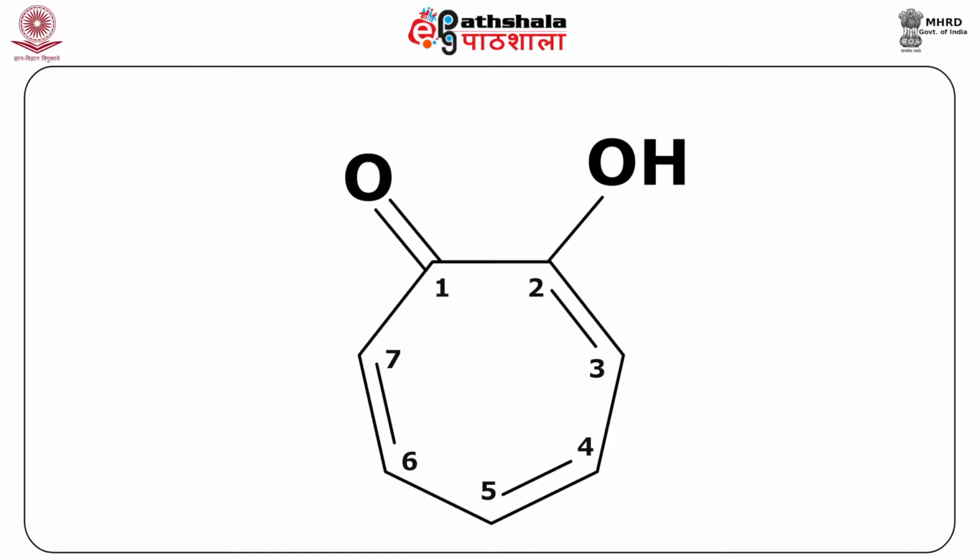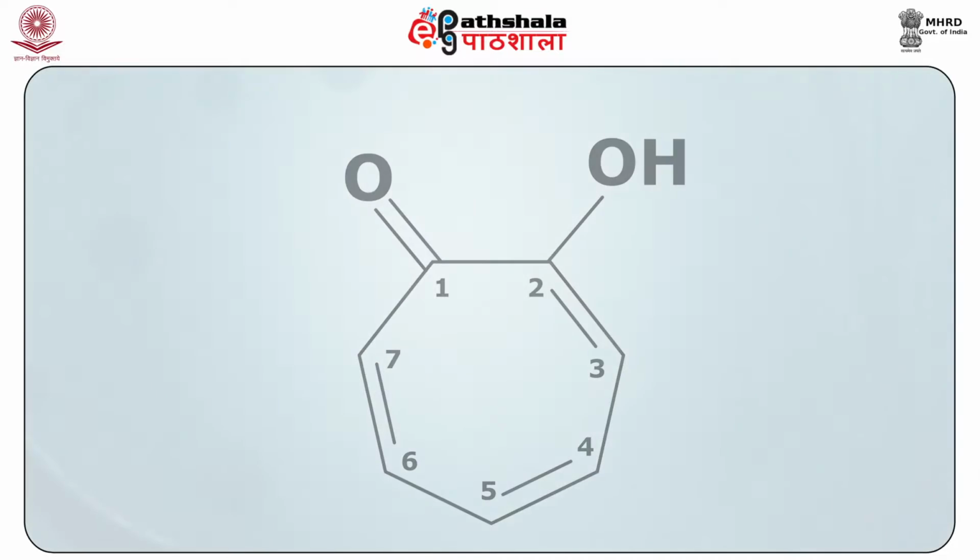Then the hydroxyl group is given position 2, and the rest of the substituents are named accordingly as shown in the figure. We have numbered the carbons here starting with 1 at the carbonyl carbon and 2 at the hydroxyl-containing carbon, and the rest go around the ring in a clockwise manner.